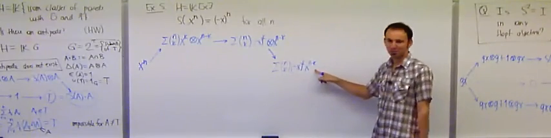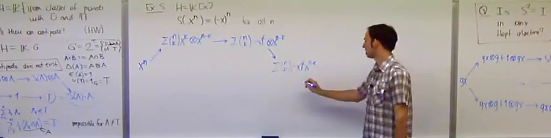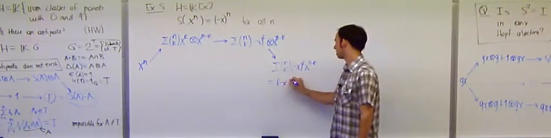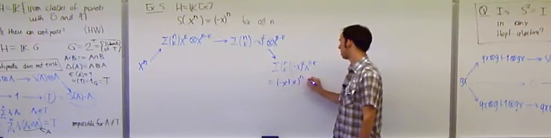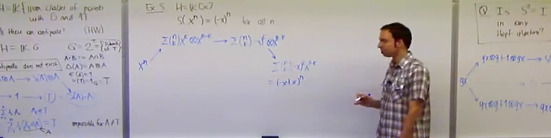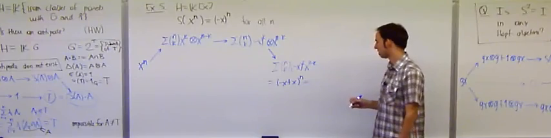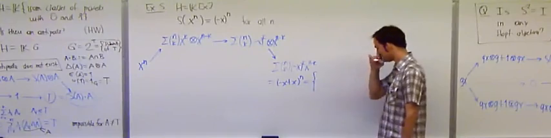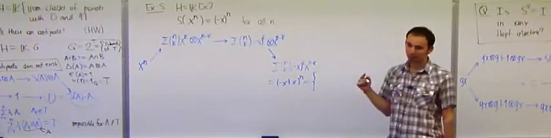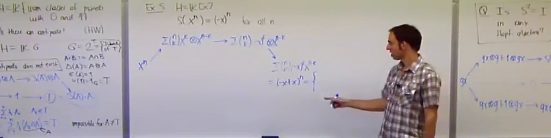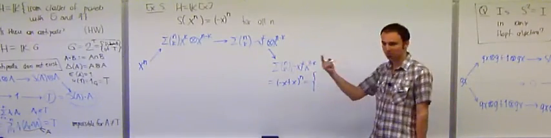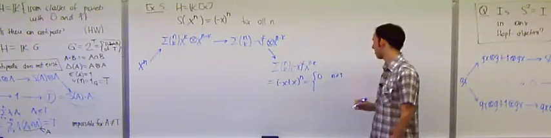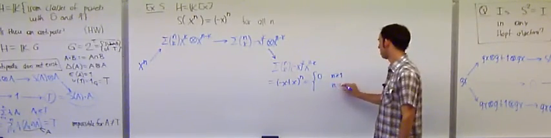And I hope you recognize this. This is just the binomial expansion of minus x plus x to the n. So how much is this? Two cases. If n is greater than or equal to 1, then this is 0 to the something positive, which is 0. But if n is equal to 0, it's actually 1.